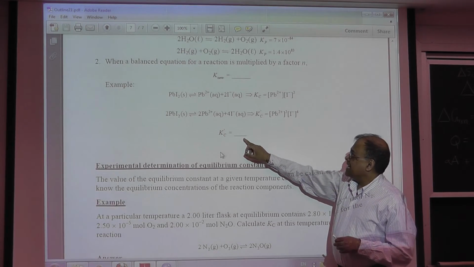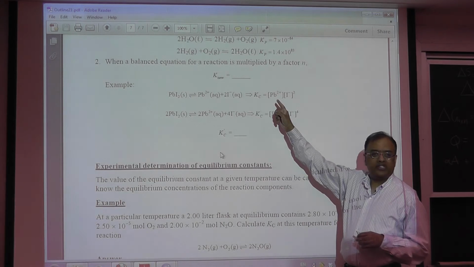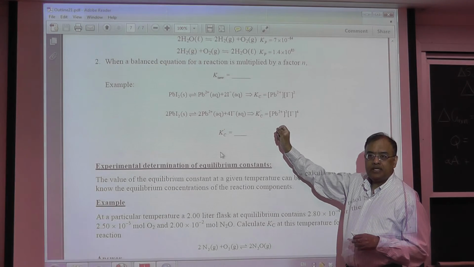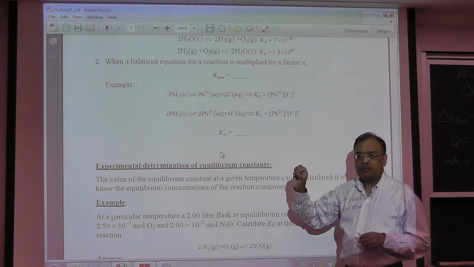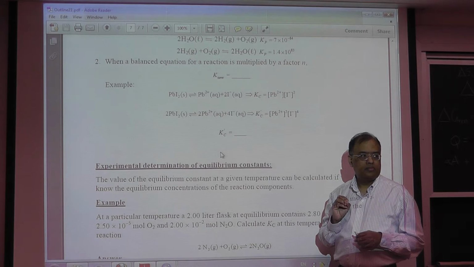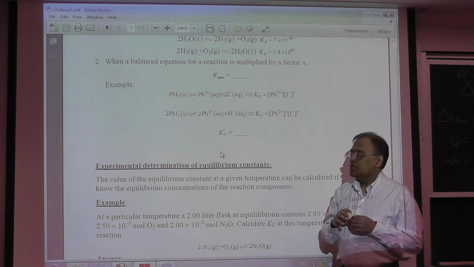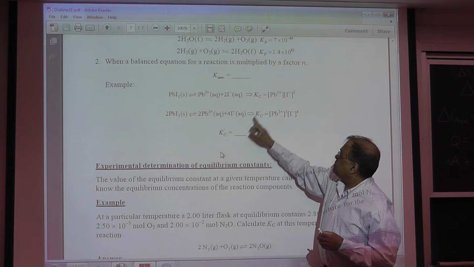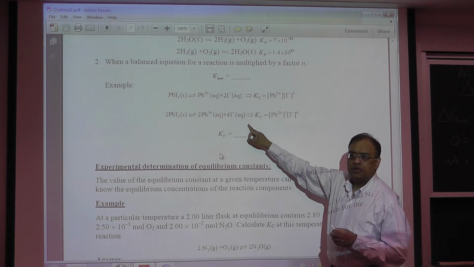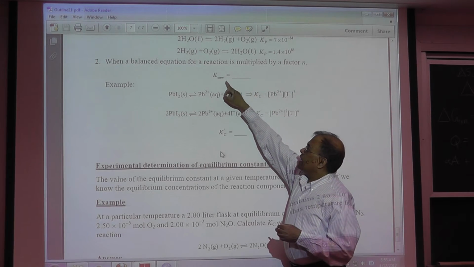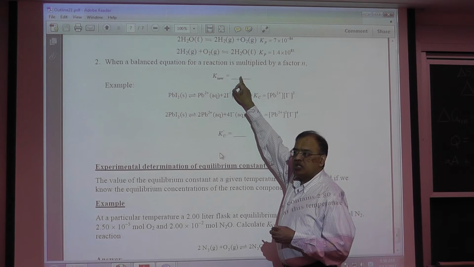So if we multiply any equation by a constant, the new equilibrium constant is going to be the old equilibrium constant raised to the power of that constant. Does that make sense? So we multiplied by a factor of 2 here, therefore Kc prime is going to be K sub c squared. If you multiply by a factor n, K new is going to be K old to the power of n.